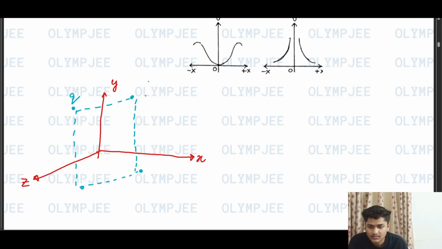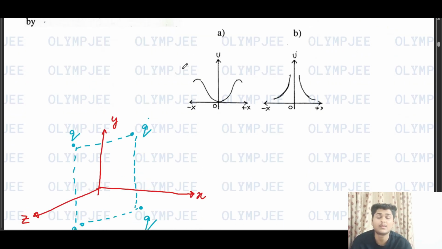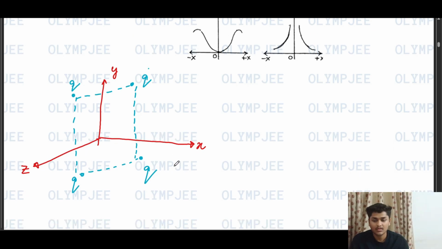This is Q, this is Q, this is Q, and this is Q, and we need to find the potential along the x-axis. So I am finding the potential at a random point on x, so I can find the relation between the charges and the x coordinate.